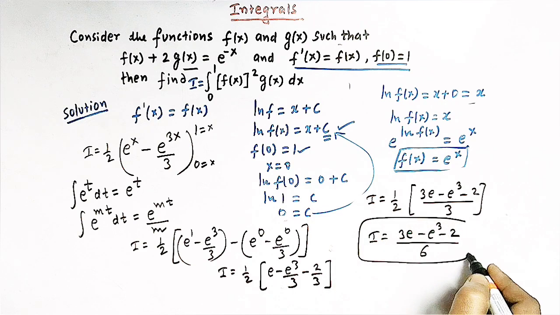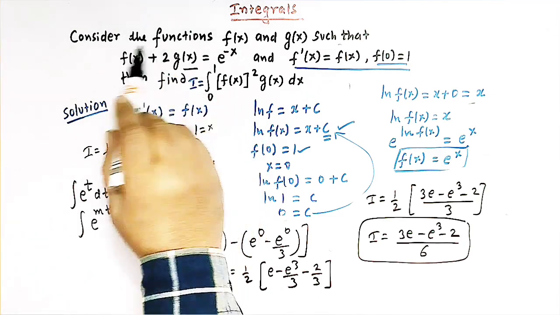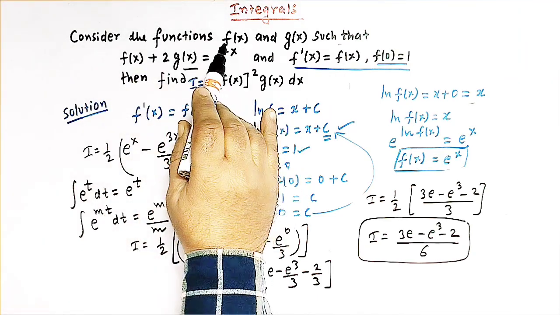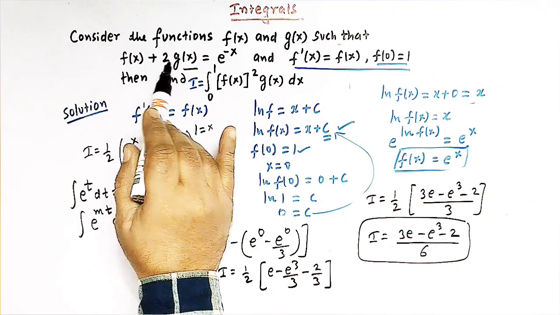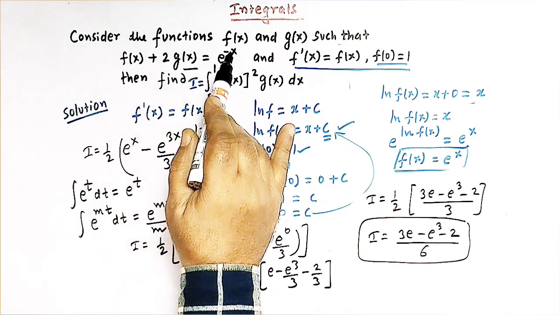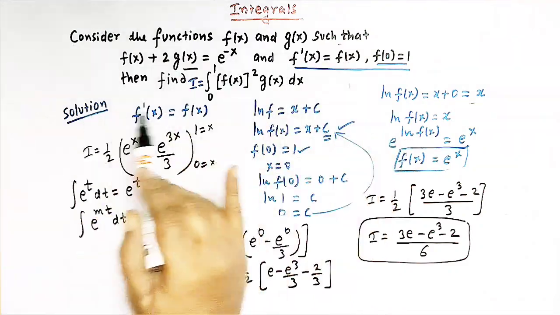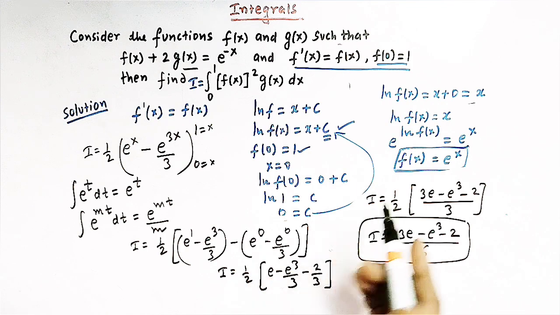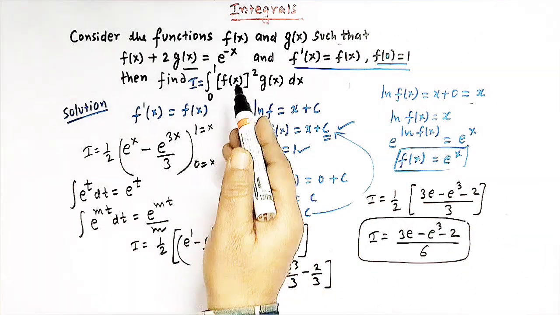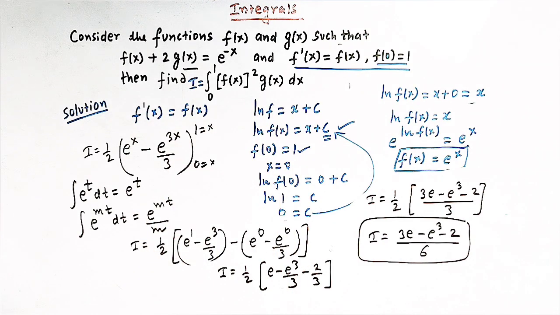So this is the required value of this integral I when we are given two functions f of x and g of x, such that f of x plus 2 times g of x is equal to e raised to minus x, and f prime of x is equal to f of x, and f of 0 is equal to 1. So this is how, by making use of these concepts, we can easily solve these kind of problems.